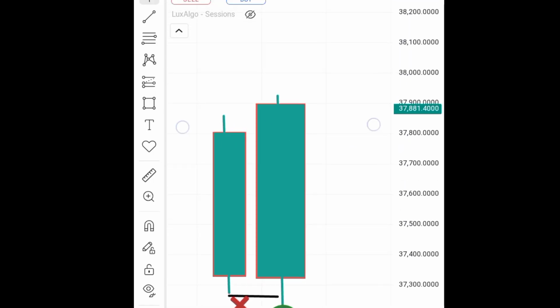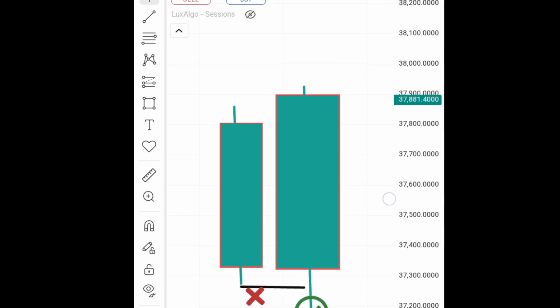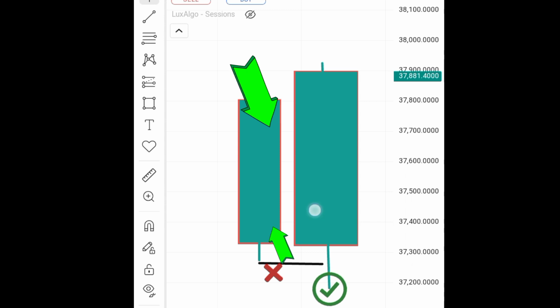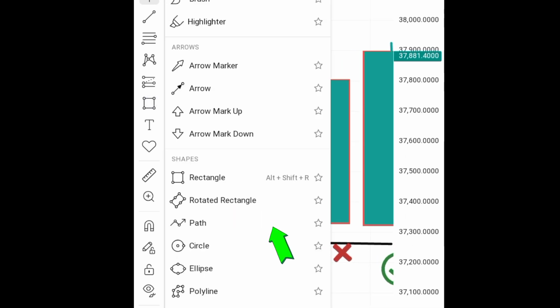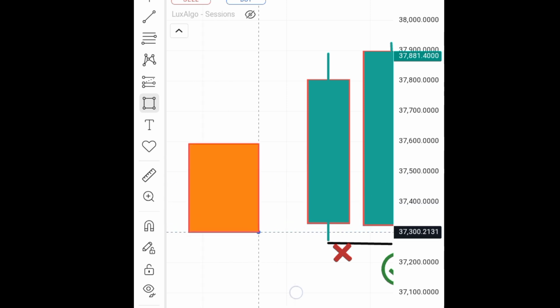As the market closes bullish to the upside, it has to come down and grab liquidity of the other candle to the downside. That is to say, it may come down with either a wick, or the wicks have to grab to the downside.